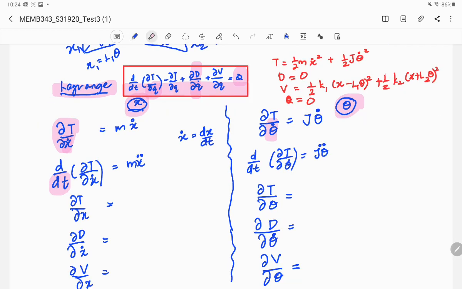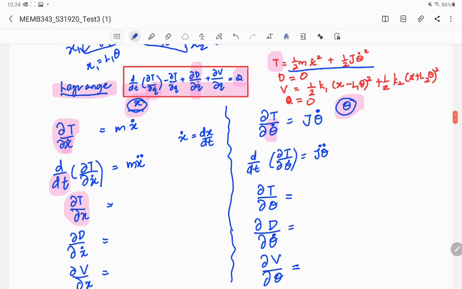Then next, you look at the dT/dx. Okay, you're still looking at this equation, but you can see there is no x term or even theta term.